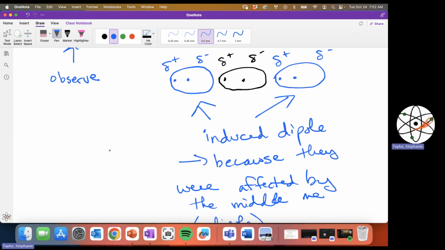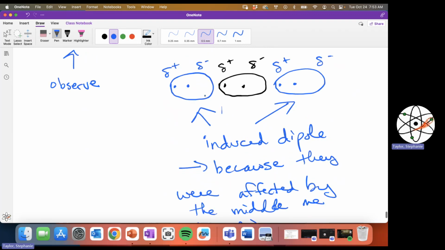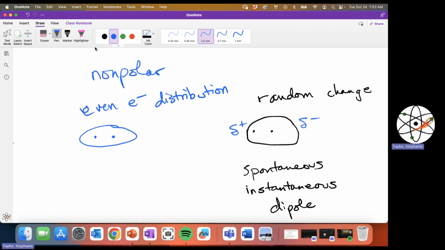But in this case, since we're talking about an induced dipole, we're assuming that it bumped into something that did have a dipole moment, even if it's just an instantaneous dipole, and that therefore induces dipoles in the other ones. So that is the difference between instantaneous and induced dipole. Instantaneous is going to happen on its own, essentially randomly, no reason. Induced dipole, you're assuming it's bumping into something else that's causing that.